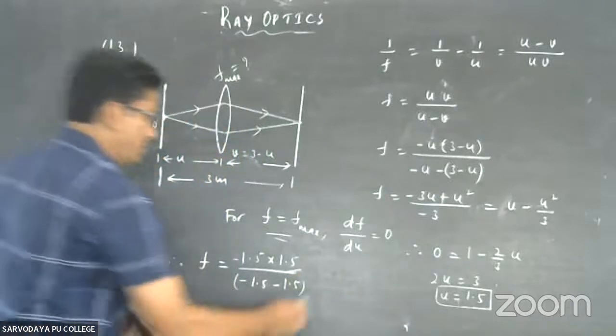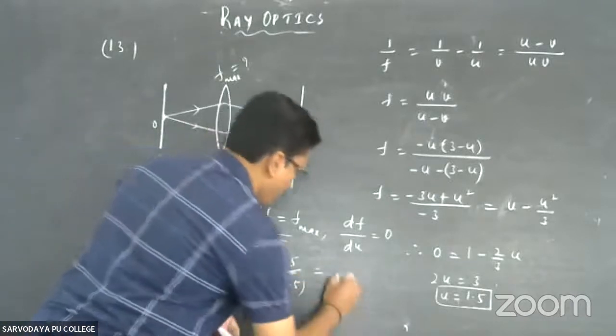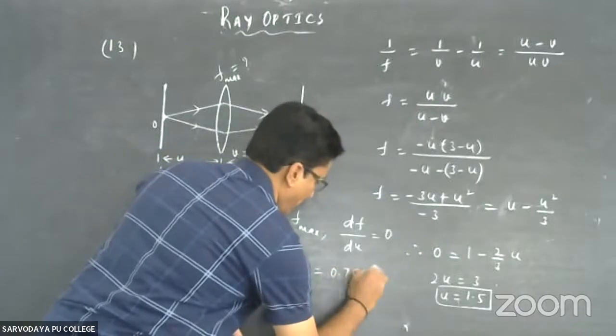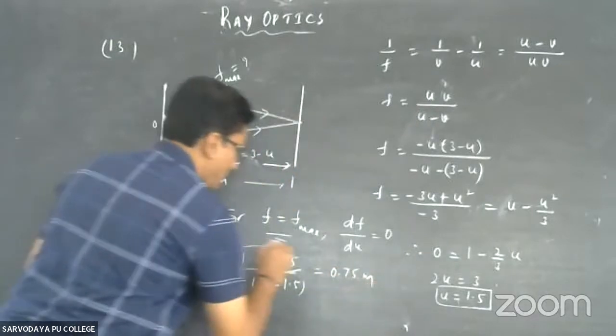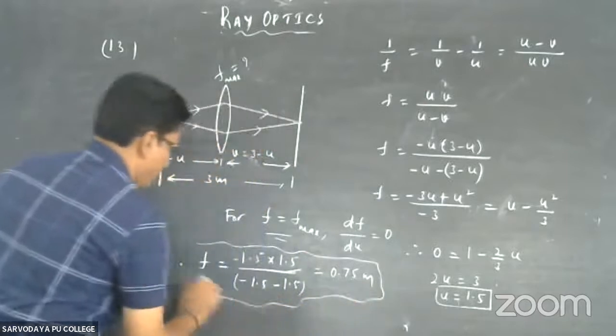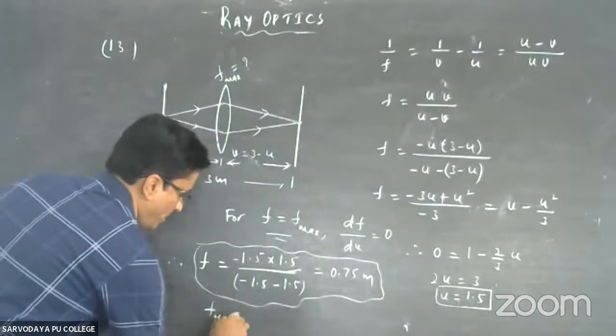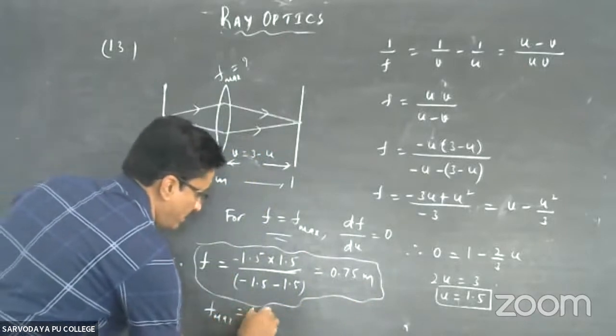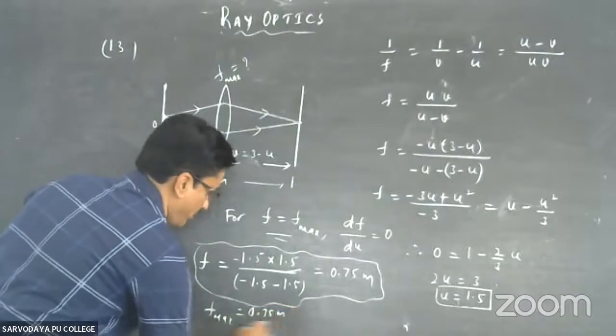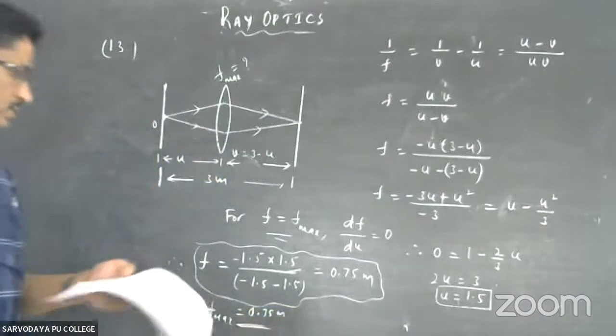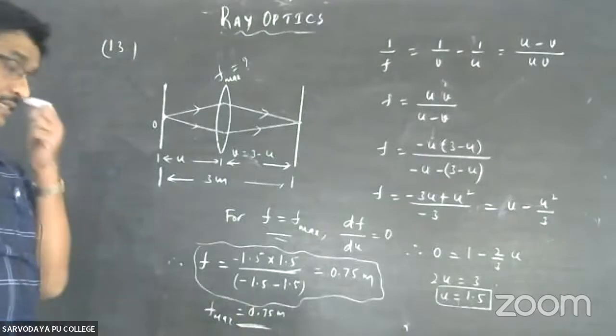Therefore, it comes out to be 0.75 meter. Maximum focal length of the lens that is required is 0.75 meter. This is the answer.